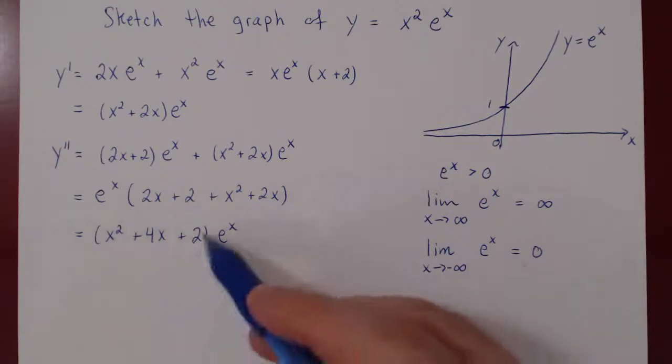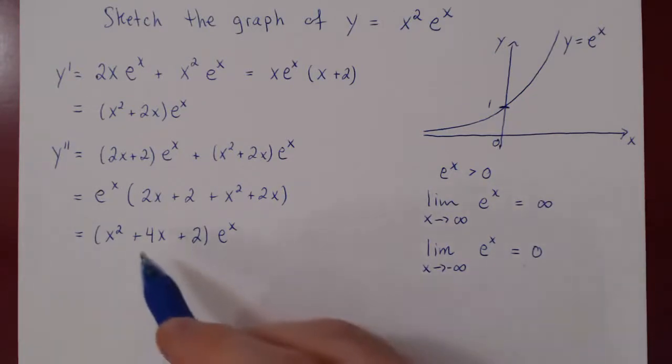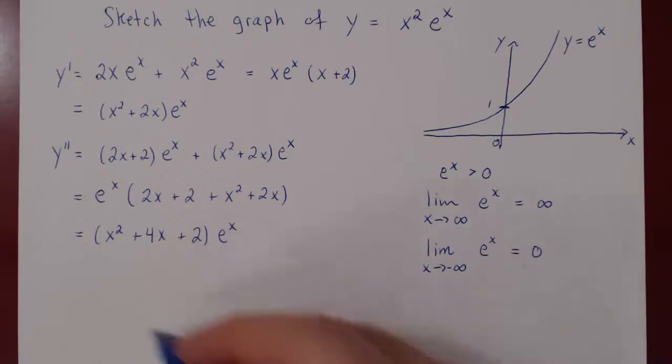If you look at this quadratic, you will not be able to factor by inspection because the roots are a little stranger. So we fall back on the quadratic formula.